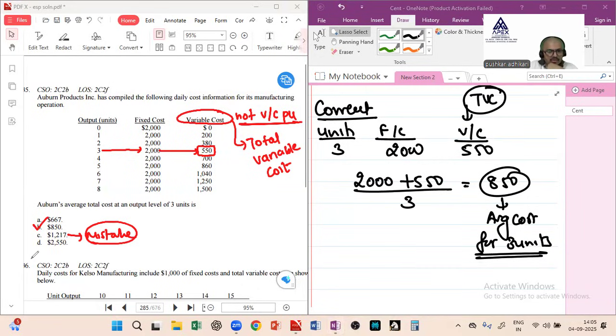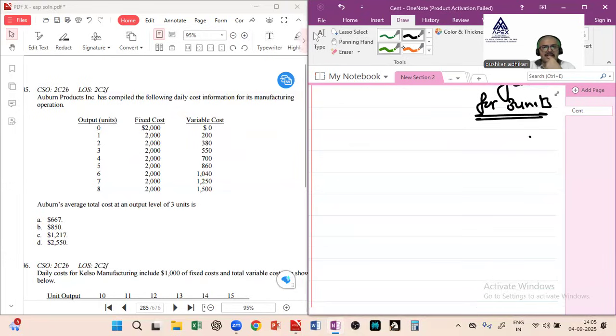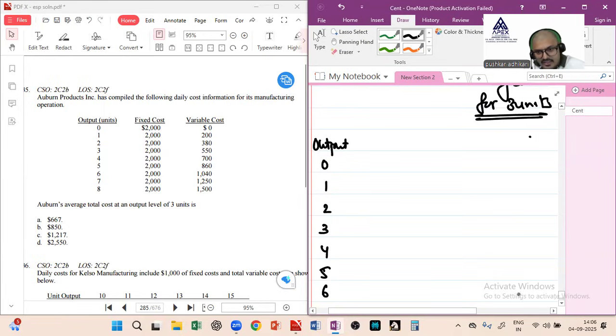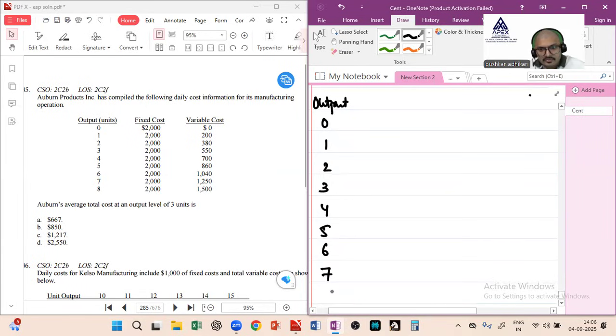Here I would also like to revise one very important aspect with you. Let us purposely do one revision. Let us write over here our output: 0, 1, 2, 3, 4, 5, 6, 7, 8. The fixed cost everywhere is 2000.